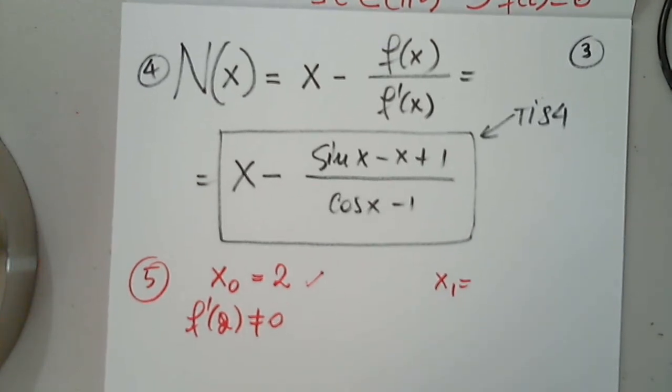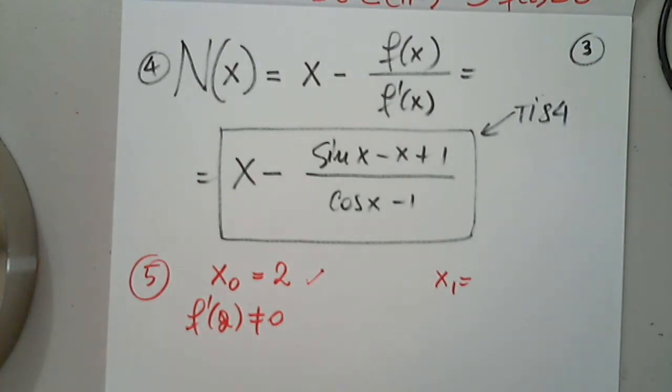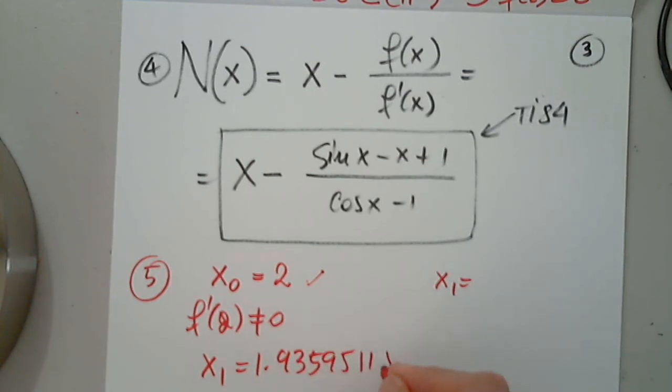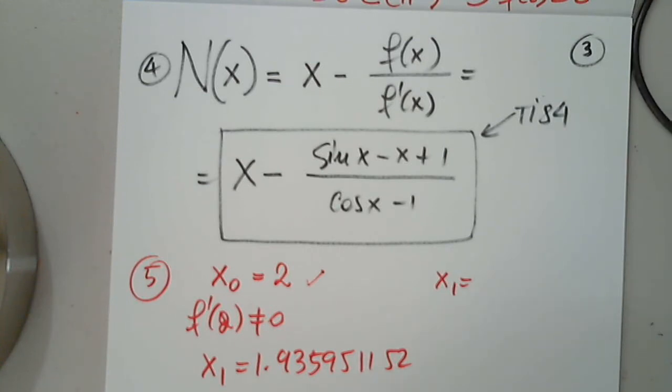This is x1. I copy it, 1.935951152. Here's what I do next. Second and entry, and overwrite the 2 by the previous answer with second and answer.